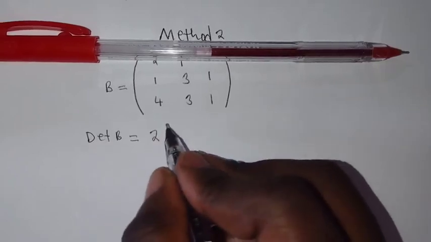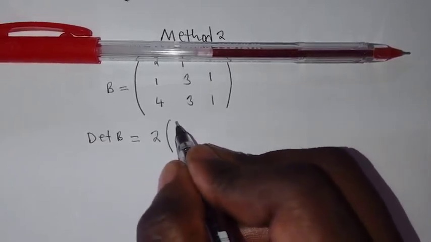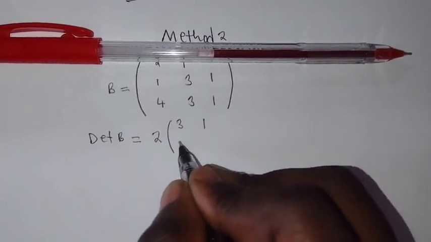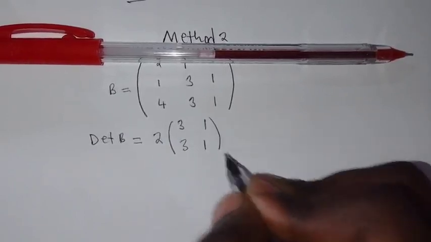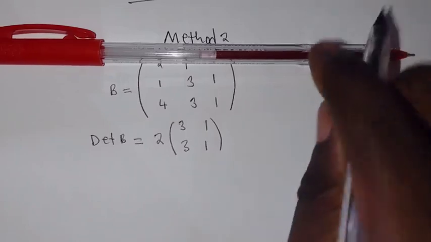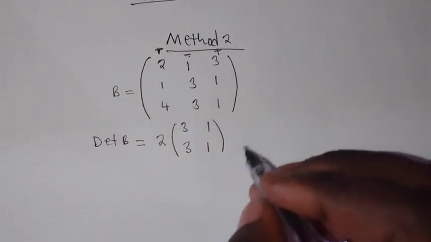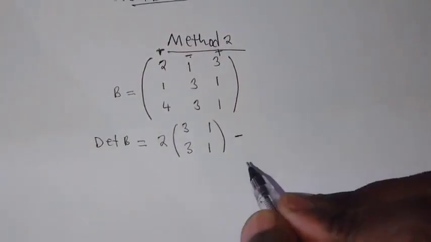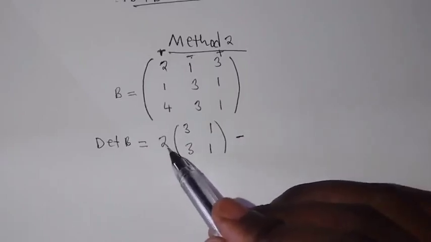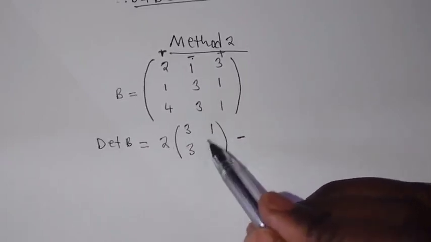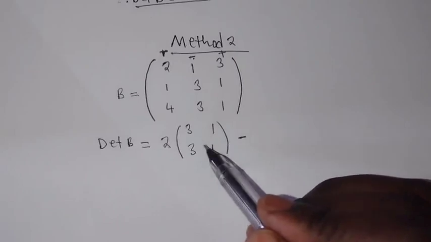We say 2, then we make a 2 by 2 matrix, 3, 1, 3, 1. We do this. Okay, then the second one, the sign is a minus here. So you write a minus here. So this 2 which is here, it means it's going to multiply with whatever determinant that you find.